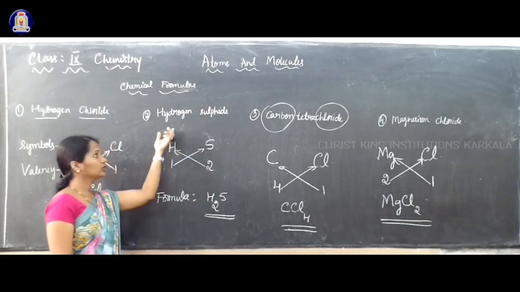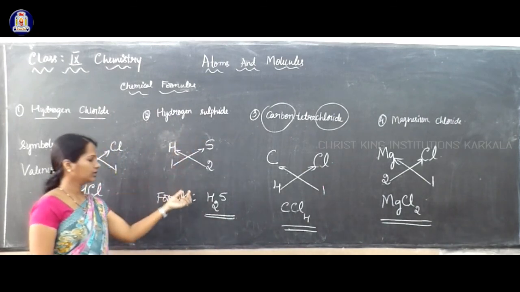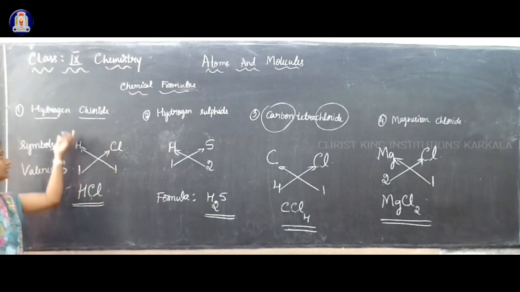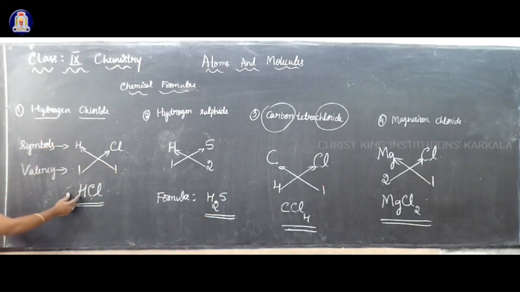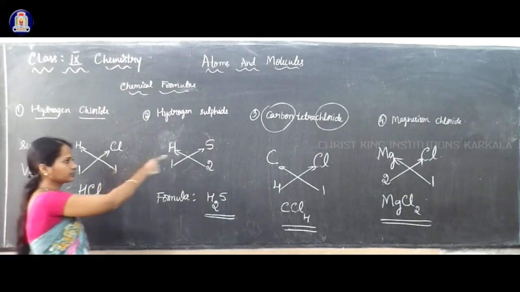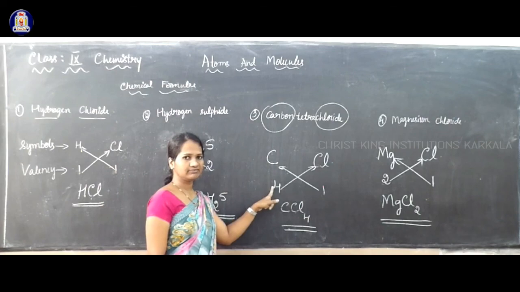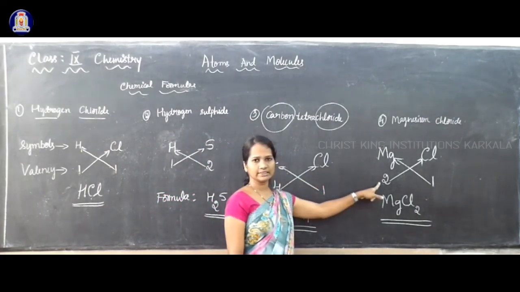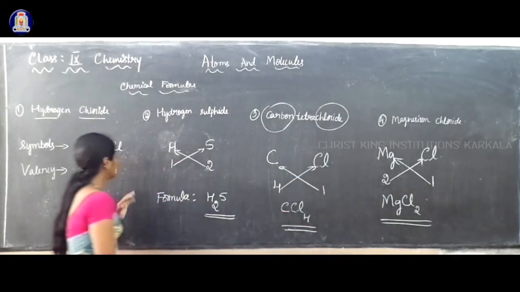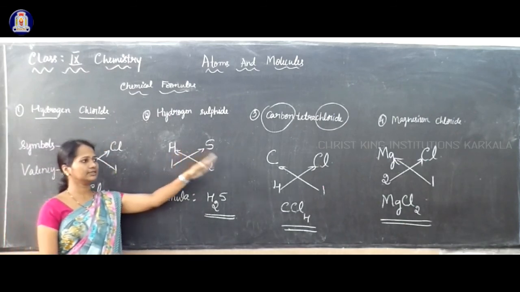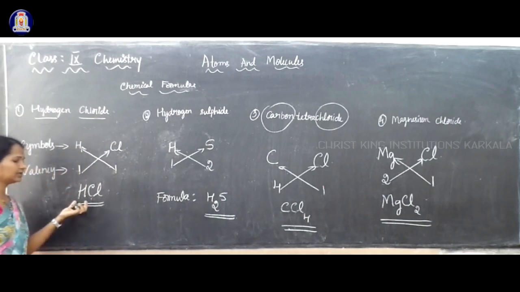Hydrogen sulfide is H2S, and hydrogen chloride is HCl. You have to remember the valencies: hydrogen 1, chlorine 1, sulfur 2, carbon 4, magnesium 2. When writing the formula, these valencies get interchanged. That is how we write the chemical formula.